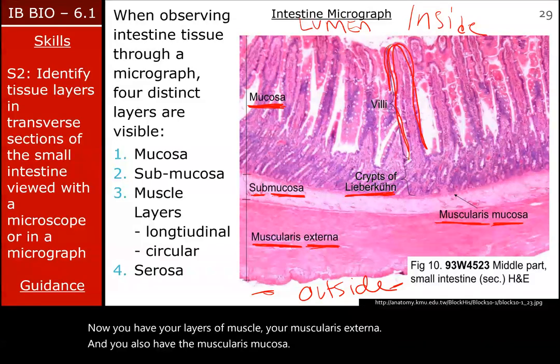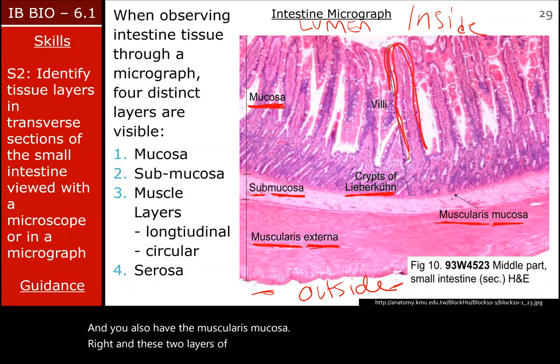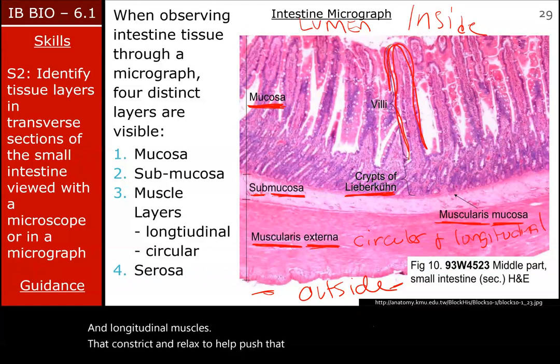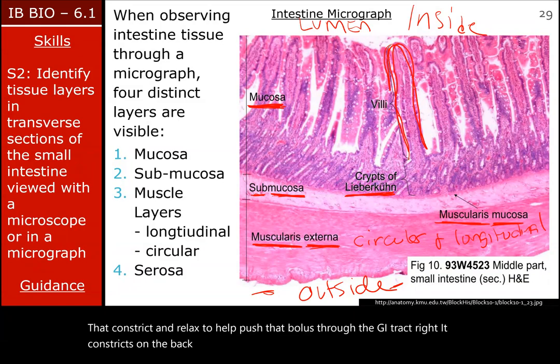And these two layers of muscle, these are the circular and longitudinal muscles that constrict and relax to help push that bolus through the GI tract, right? It constricts on the back and relaxes in the front to help push that food through.